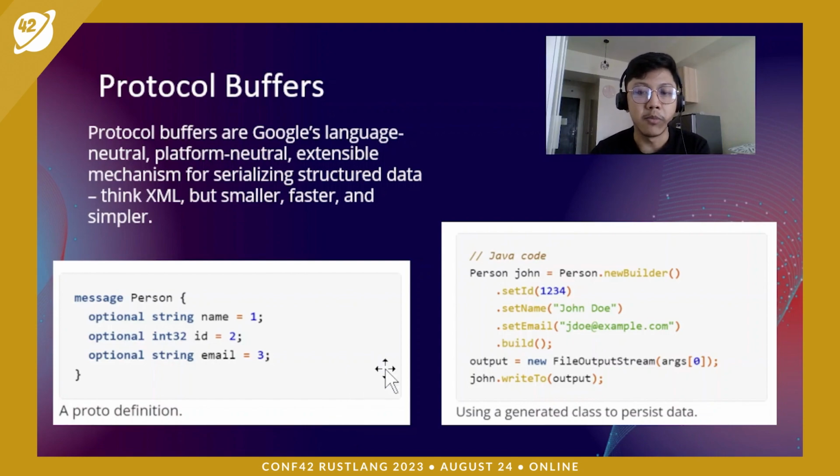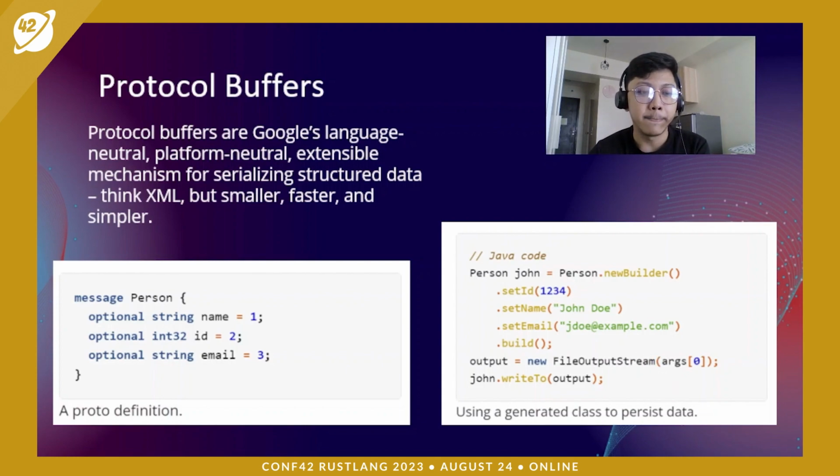It builds the person named John Doe, with value 1, 2, 3, 4 for ID, John Doe for name, and email jdoe@xml.com. Then for protobufs, it uses the function build to generate the structure for this object John, and afterwards, it writes the object into a file output stream.